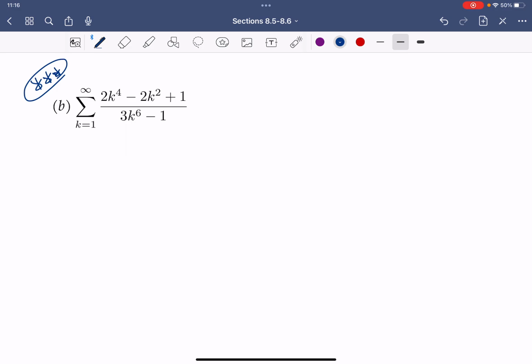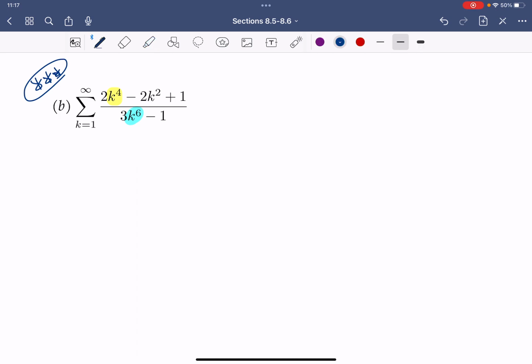All right, so let's take a look. The top part you have k to the 4th power. The bottom part you have k to the 6th power. So the idea is we're going to try to pick the b_k so that the highest degree on the top and the highest degree on the bottom match.